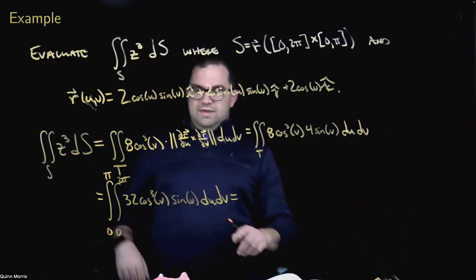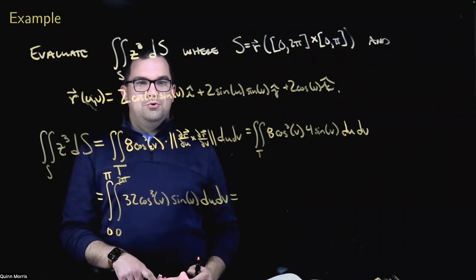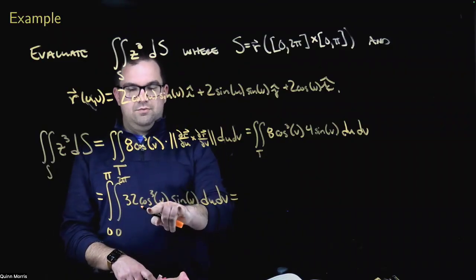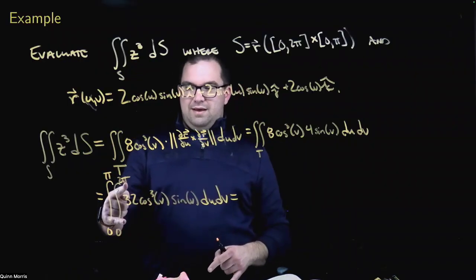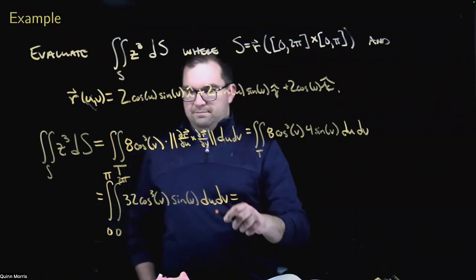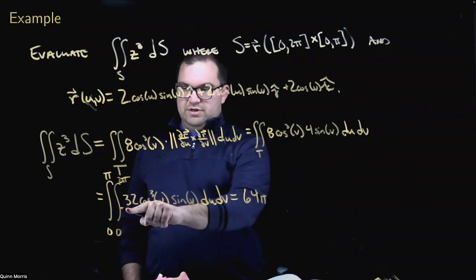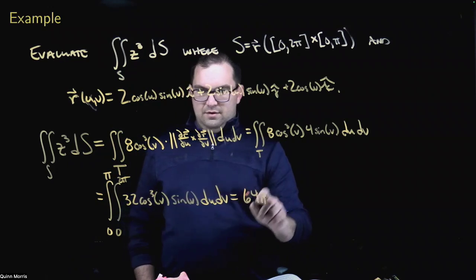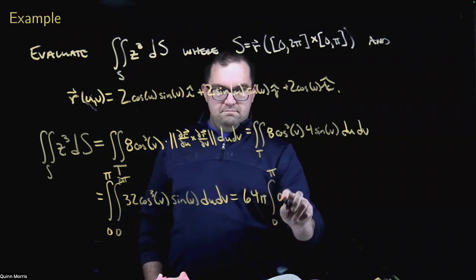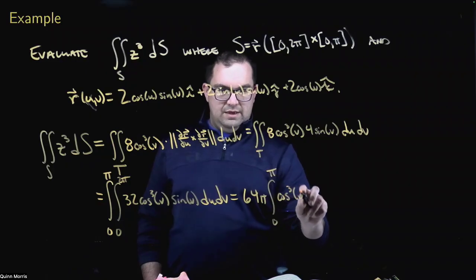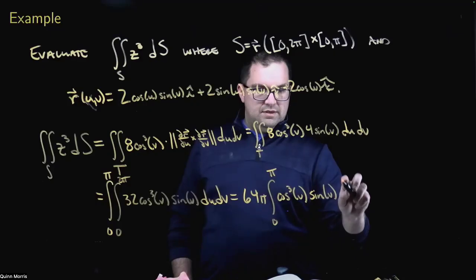Well, the inside integral, the integrand doesn't depend at all on u, so this is a constant with respect to u. All that happens when you integrate this with respect to u is it gets multiplied by the length of the interval, which is 2 pi. So you double this 32, which gives you 64 pi. And then you have an integral from 0 to pi of cosine cubed v sine of v dv.